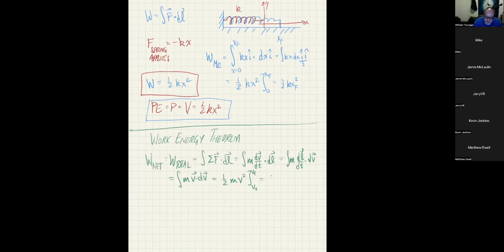So that's going to be 1/2 m (v final squared minus v initial squared), or in other words, the net work done is equal to the change in kinetic energy, where K, or KE, is defined to be 1/2 m v squared. So that's the work energy theorem.